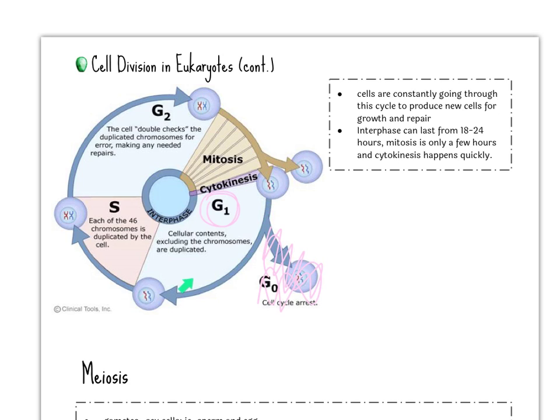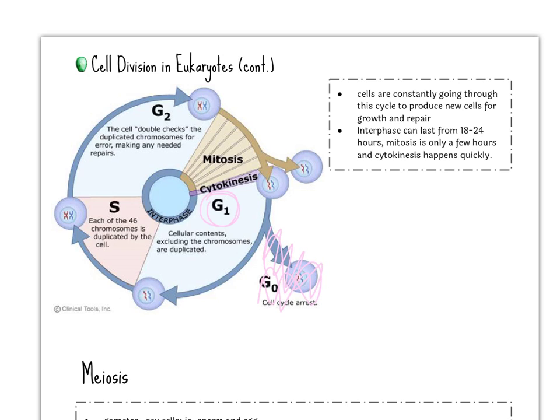Okay? So after the G1 phase, we still have the same number of genetic material. We each have one chromatid. At this point, it's a chromosome. Okay? And then we go into the S phase.